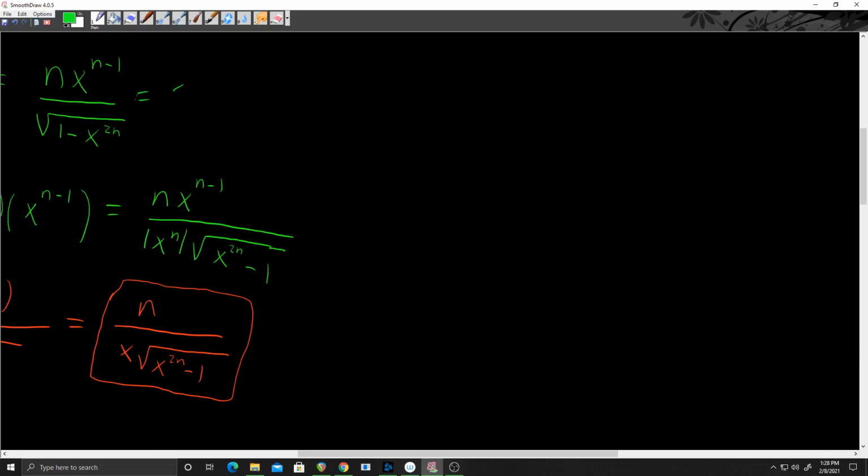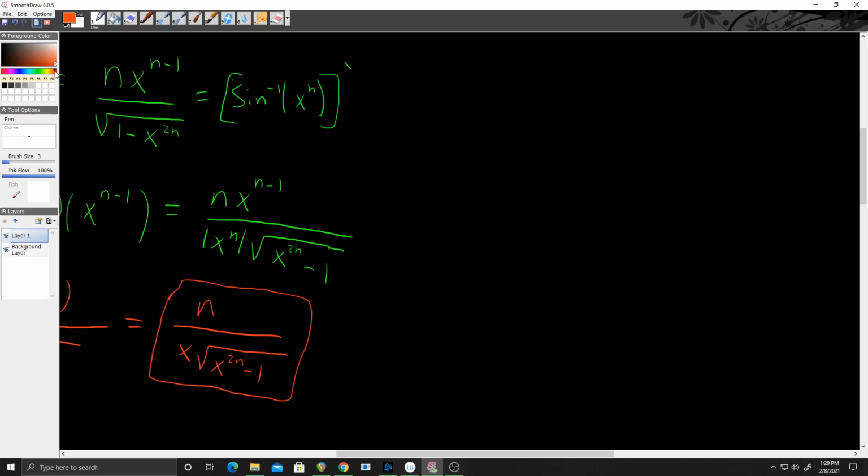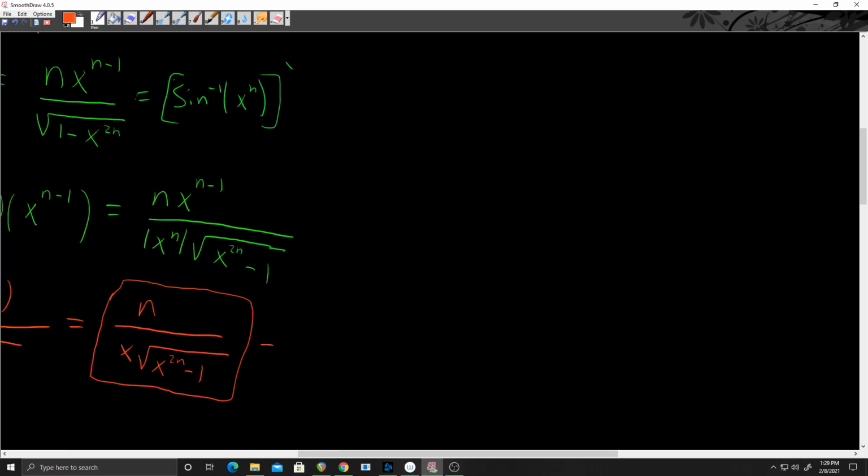This is inverse sine of x to the n, and then it's the derivative, so I'll put this in brackets and then prime it. There's the derivative there. And then this one is the derivative of inverse secant of x to the n. So I'm priming this, okay?